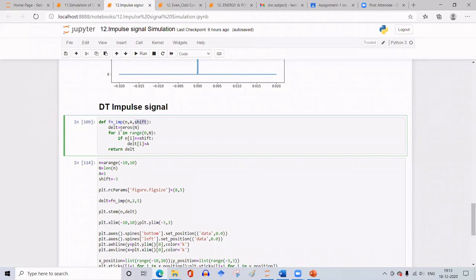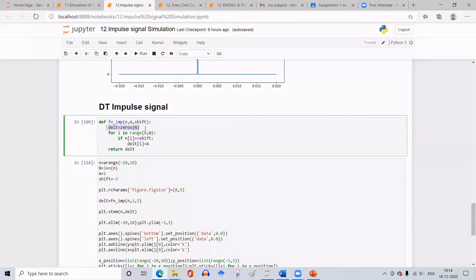And we also initiated an array u with zeros n. Here, instead of u, I'm taking delta as the variable to represent that this corresponds to impulse signal generation. So it is zeros n. What should I do with these zeros?